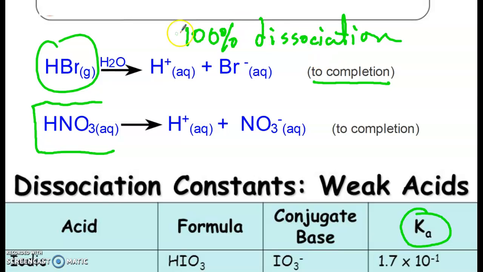Ka for strong acids, of course, would be 100, a molarity of 100. I mean, not really, the Ka would be the concentration, the molarity of that acid, right? The concentration would be whatever the molarity of the acid is.